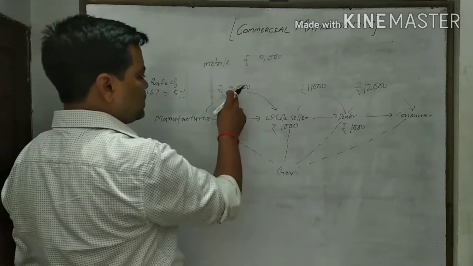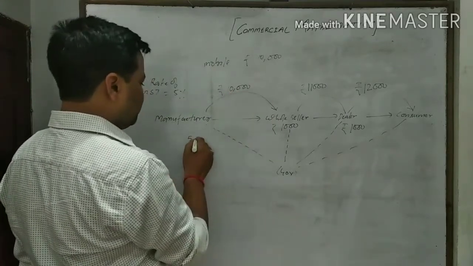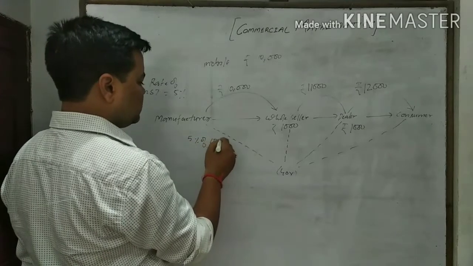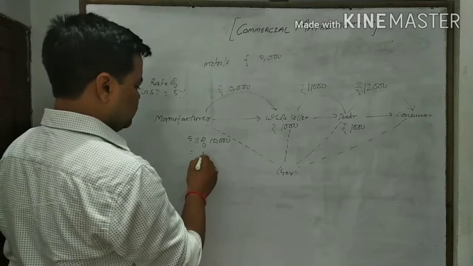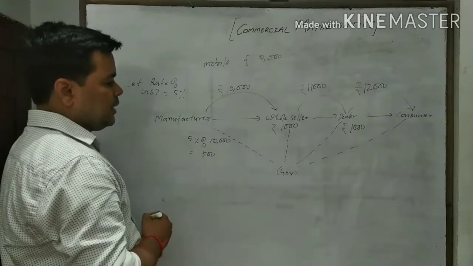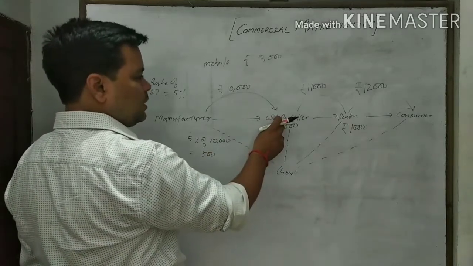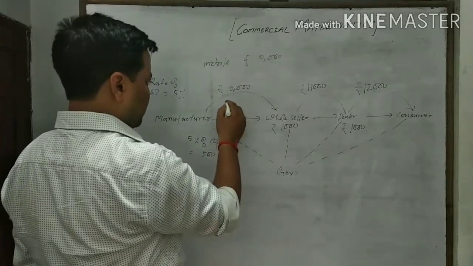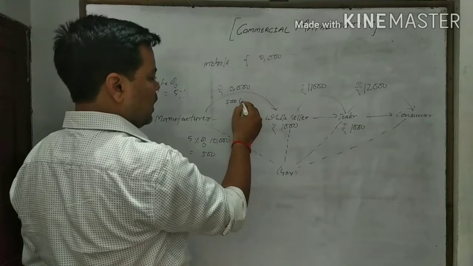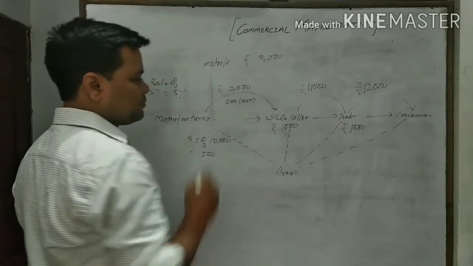Then 5% of 10,000 will be how much? 500 rupees. It means the wholesaler will pay this 10,000 rupees and 500 rupees also as GST.